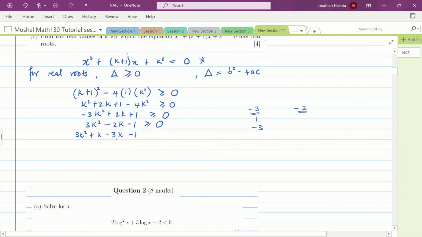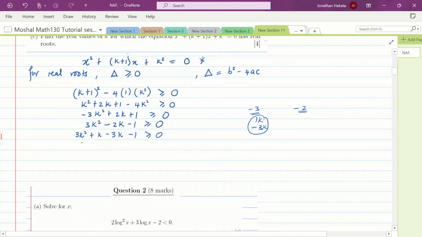I just put k and k here, so this k is positive and this negative 3k is negative. You can do it your own way, the way you were taught in high school. You will always get the same answer as mine.